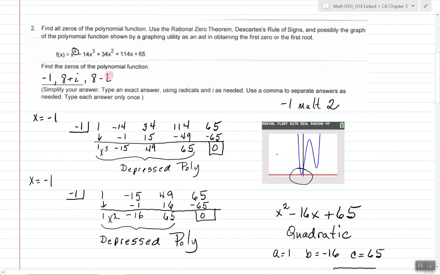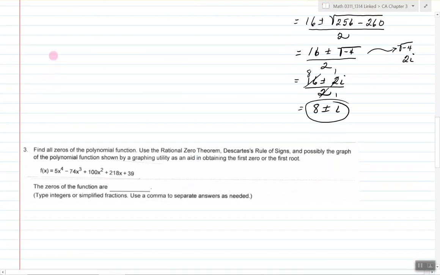I do not know whether MyMathLab will allow plus or minus. Altogether, I can now account for all four of them. This one has a multiplicity of 2, and then one here makes 3, and one here makes 4. Fourth degree polynomial function, 4 zeros.